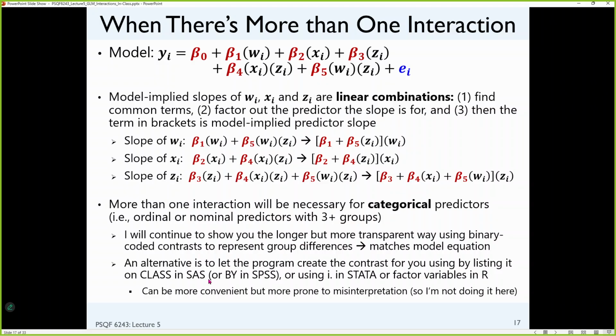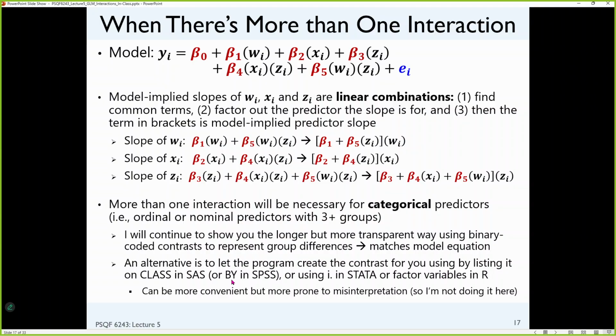So here is what I told you the other day, just in case you want to have that in writing. I am showing you manual coding processes so that you understand what is happening. Once you understand that and want to take shortcuts in terms of the efficiency of your syntax, in R and Stata, any categorical variable will have its dummy codes made for you. If you designate it as a factor variable in R, the same thing happens.